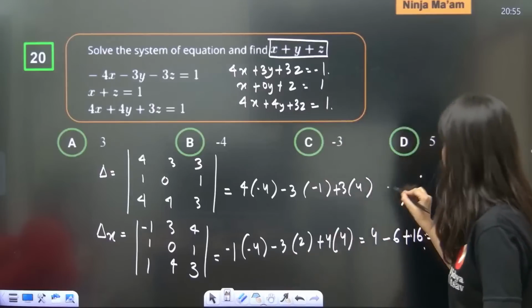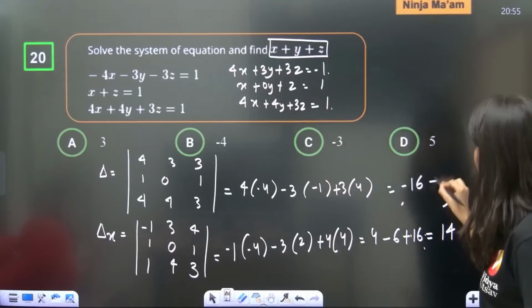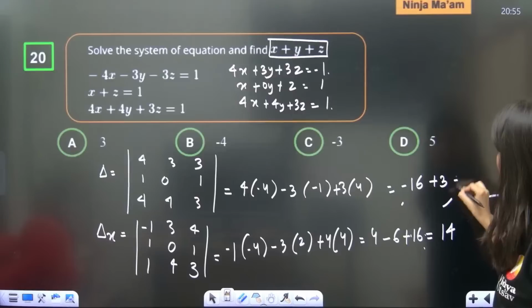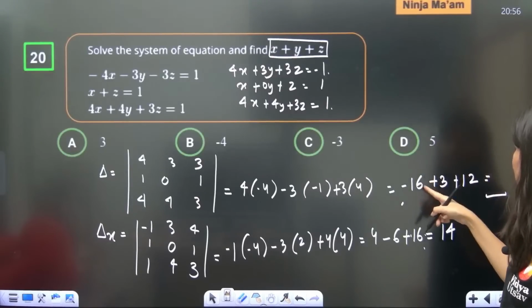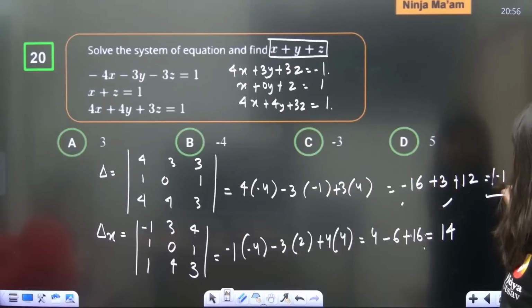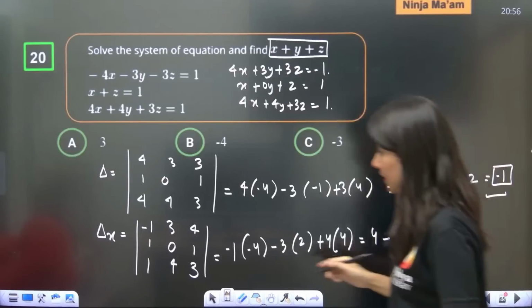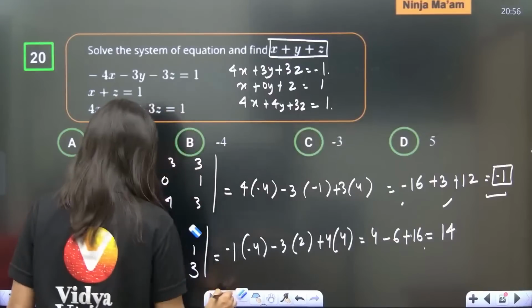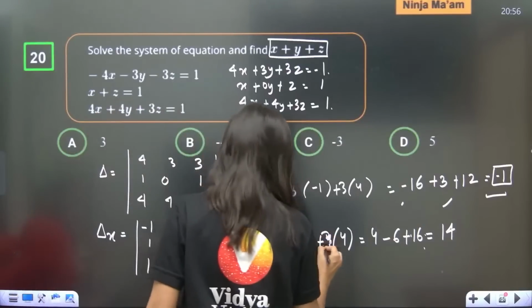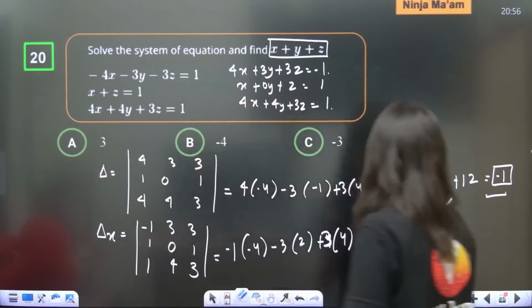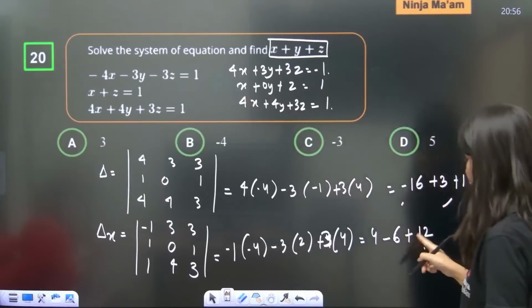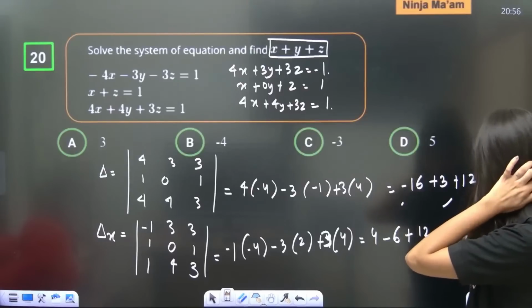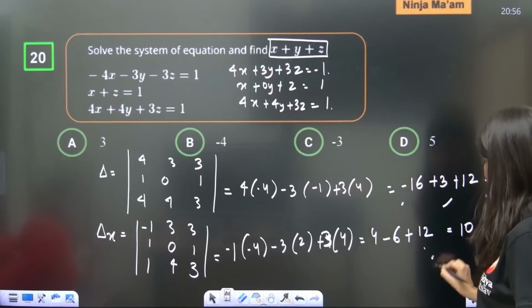Minus 16 plus 3 and this is plus 12. So 12 minus 16 is minus 4. So minus 1. What about this? Again, this is your 3. So 12, 12 minus 6 is 6, 6 plus 4 is 10. Yes, 10. So x will be what?